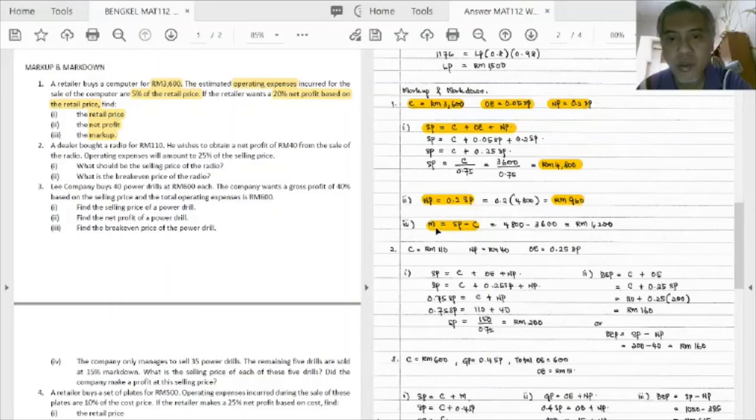In this solution, I show the first method: markup equals selling price minus cost, which is 4800 minus 3600, giving 1200. If you take 0.25 SP and substitute SP with 4800, you also get the same answer, 1200.